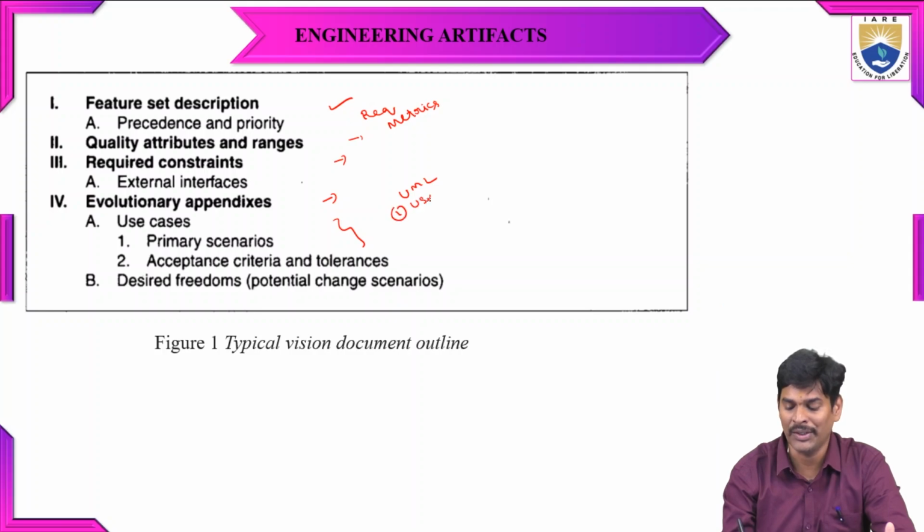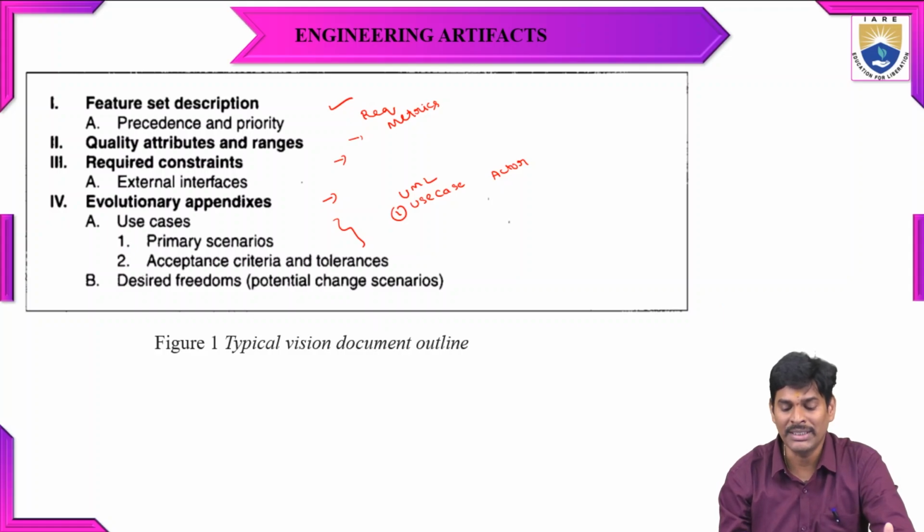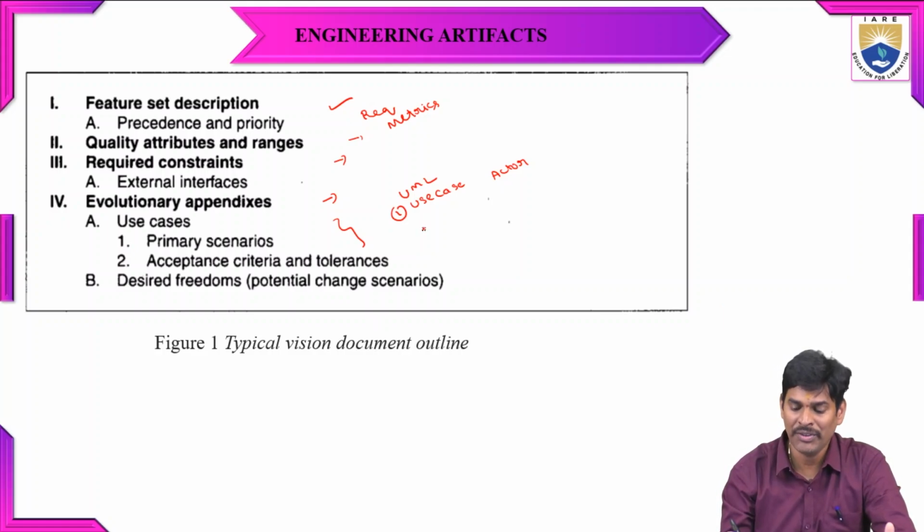We know that in the use case we have the actors, and we need to check the primary scenarios, and also the acceptance criteria as well as the tolerance. And the last one is the desired freedoms, meaning whether we need to change the different types of scenarios based upon the inputs. These inputs may sometimes change depending upon the requirements.